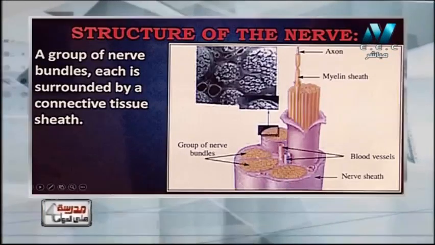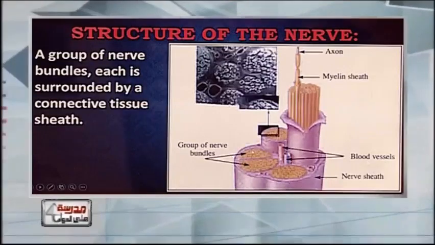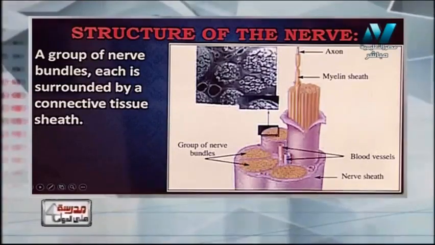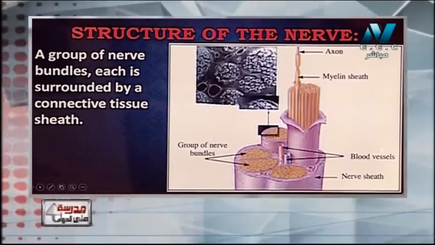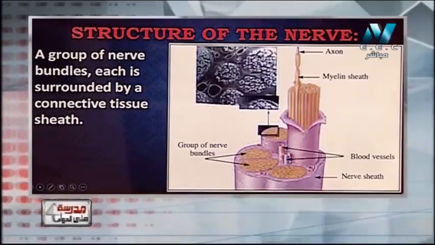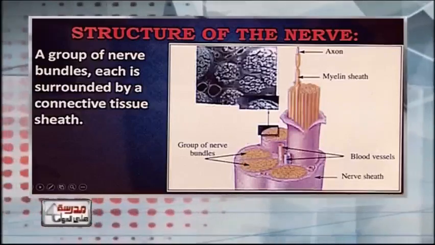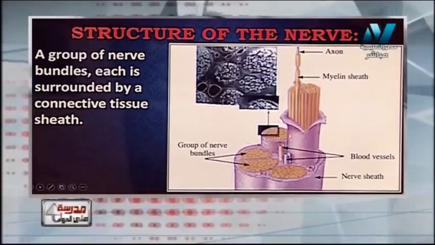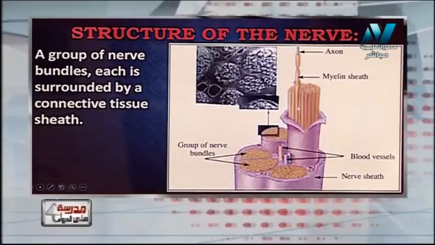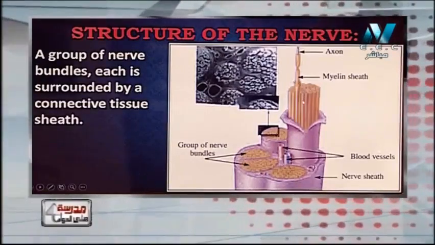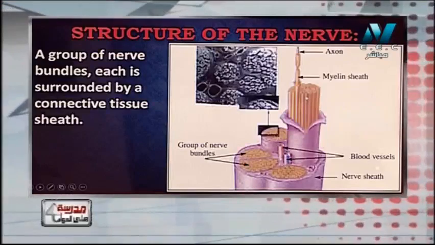The nerve is composed of bundles, as we said, and each bundle also is surrounded by sheaths like the nerve as a whole. In between the bundles, there are blood vessels, as you see in this picture, and the bundle itself is composed of many fibers or axons of neurons.